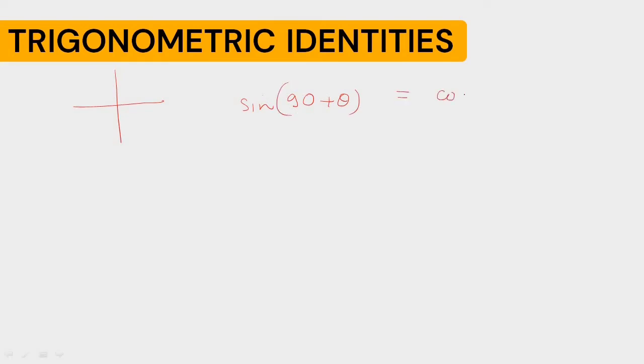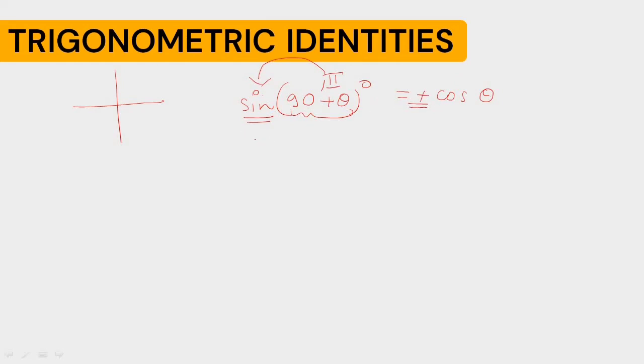It will come cos theta. What will be the sign here, positive or negative? The sign is decided by the angle here and the value here. The angle here determines that it will be second quadrant, and in second quadrant as sine is positive, so the value here will be positive.